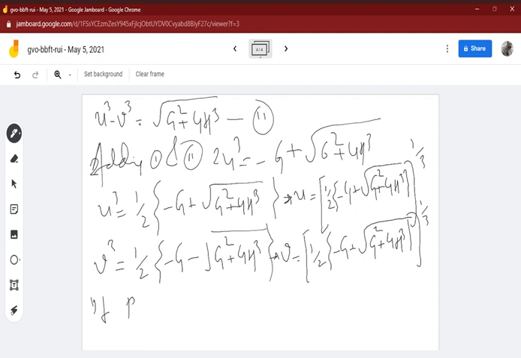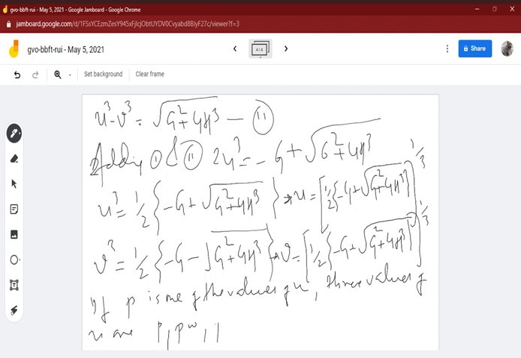So if p is one of the values of u, then the three values of u are p, p omega, p omega square.